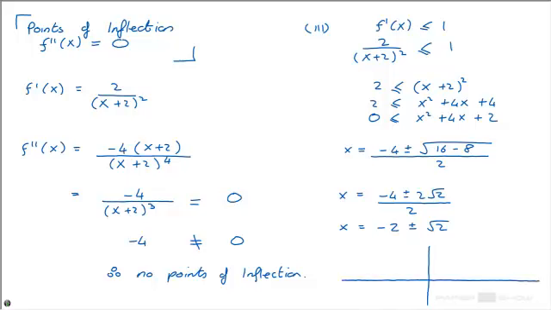So minus 2 plus root 2, it's still going to be a negative number, so it's going to be around about there, shall we say. Minus 2 minus root 2 will be a little bit back from it, not too far, don't worry about scale. It's a positive x squared, so it's going to look along those lines there.